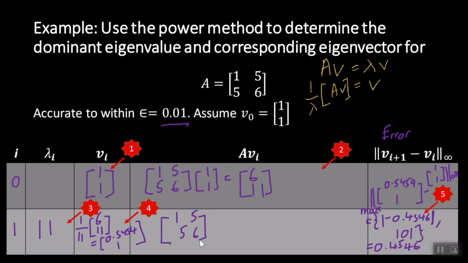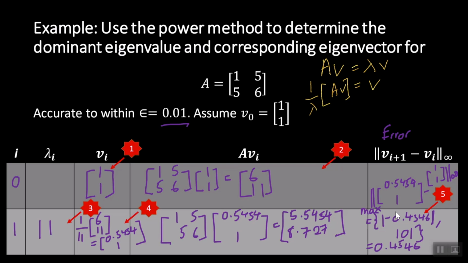1556 multiplied by our new V, V1, 0.5451, and using our calculator, we get 5.5454 and 8.727.